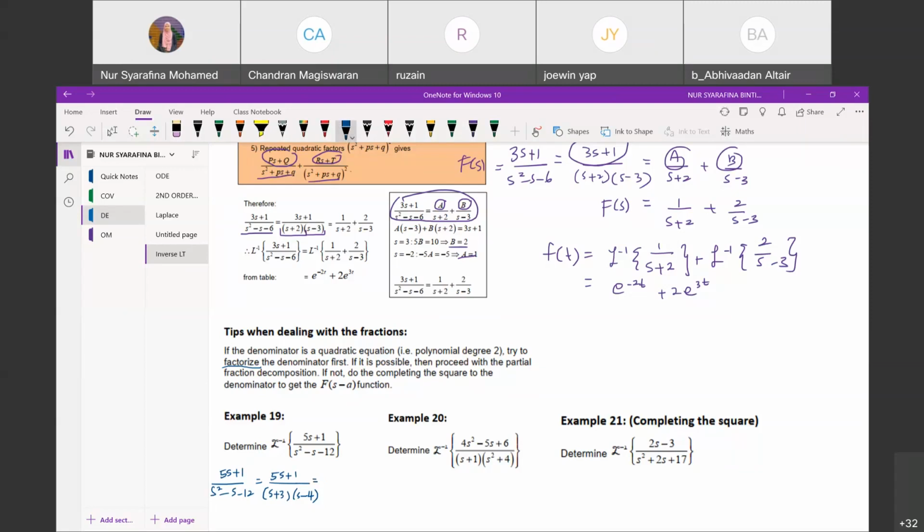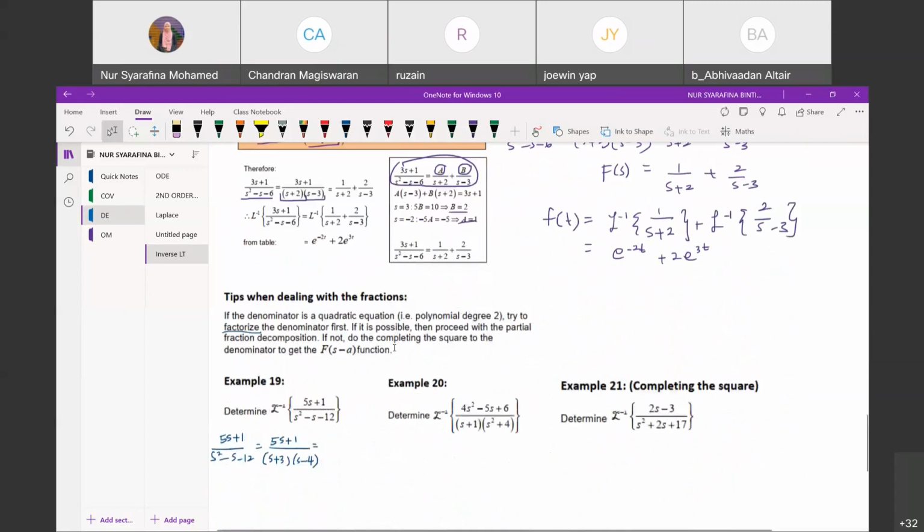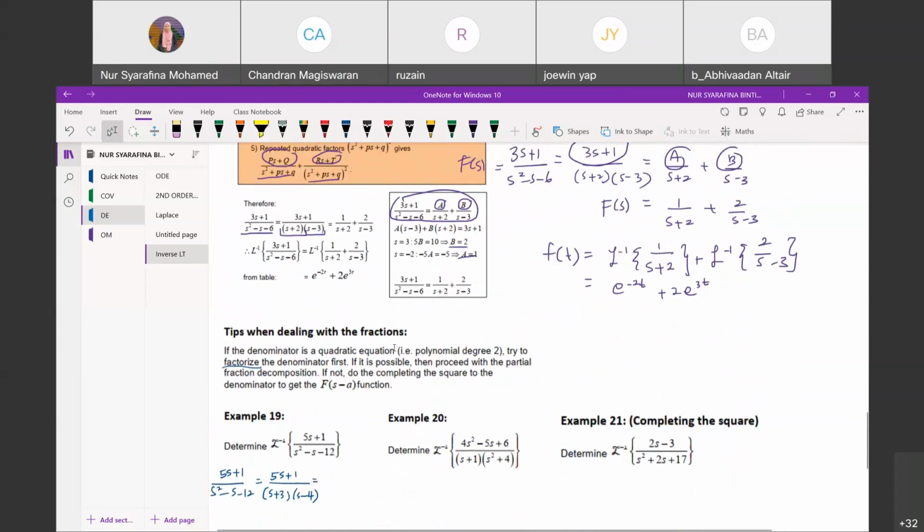So the denominator is what? This is a linear single factor. This is the first type of partial fraction.